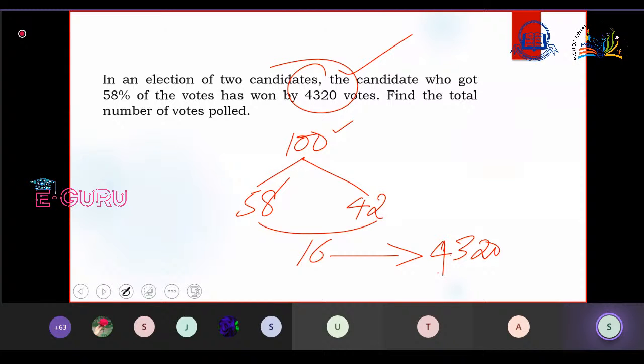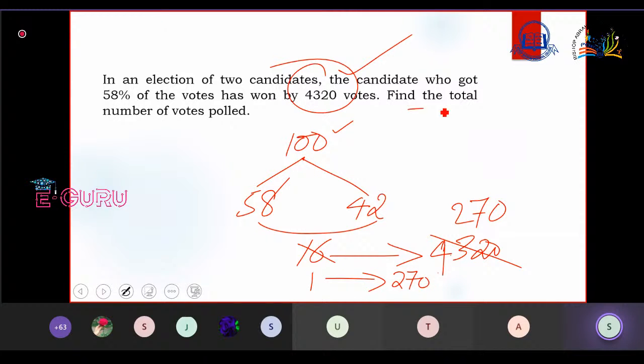So we can say that our 16 units represent 4320. Then our 1 unit will be equal to, we need to cancel these things, 16 into 2 is 32, remainder 11, 112, 16 into 7 is 112, 270, right? So our 1 unit is equal to 270.